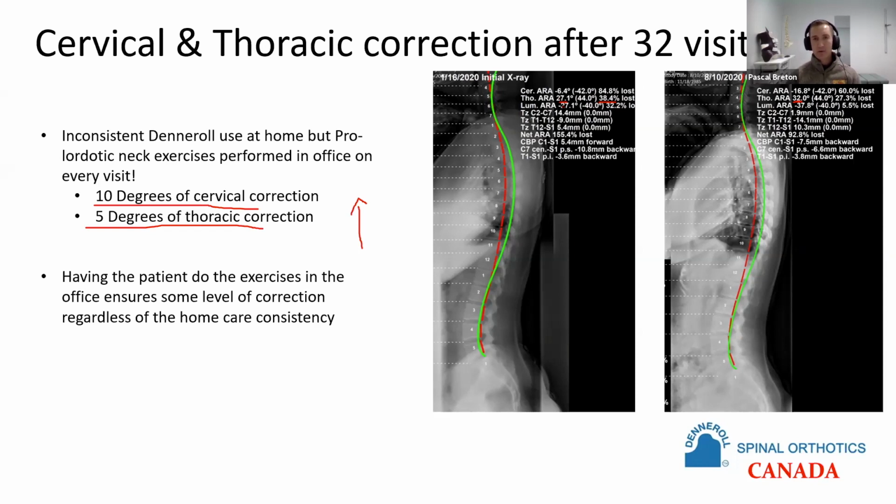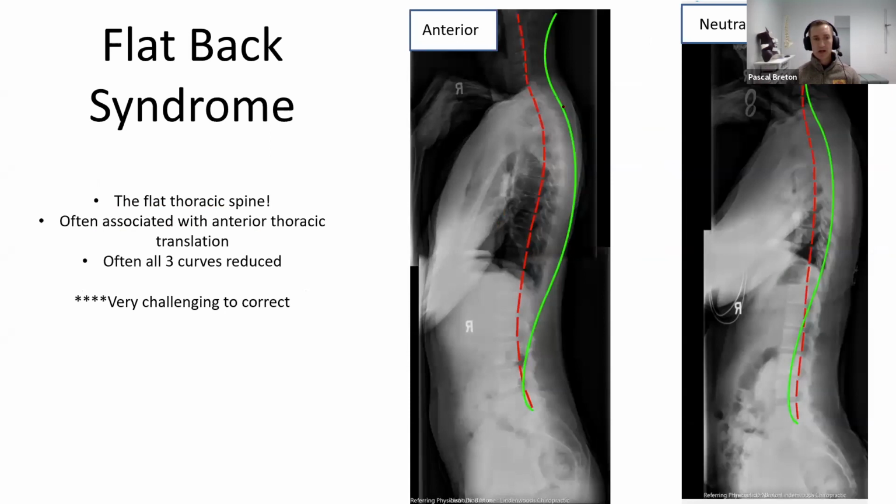Now, here we go. So now let's talk about cases where it's probably more than a 50% thoracic reduction. If we look at both of these cases, these are two different types of spines, but they have significant loss of thoracic kyphosis.